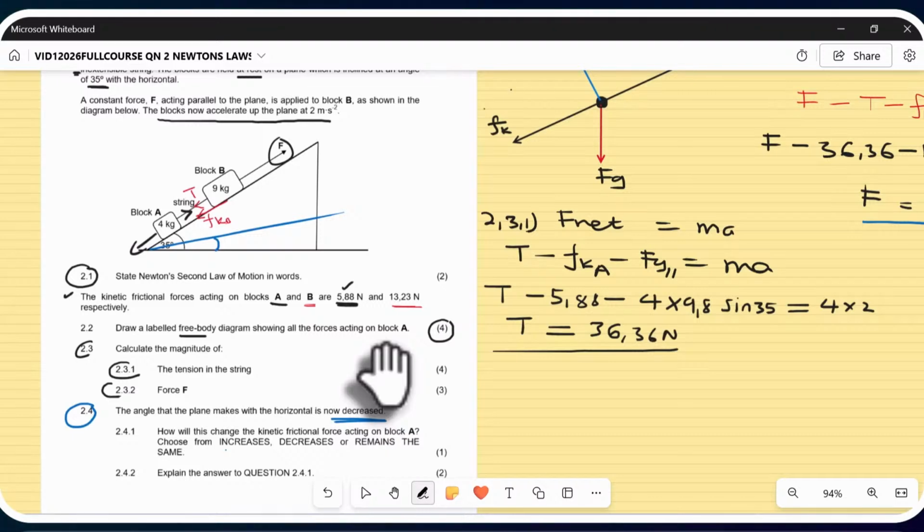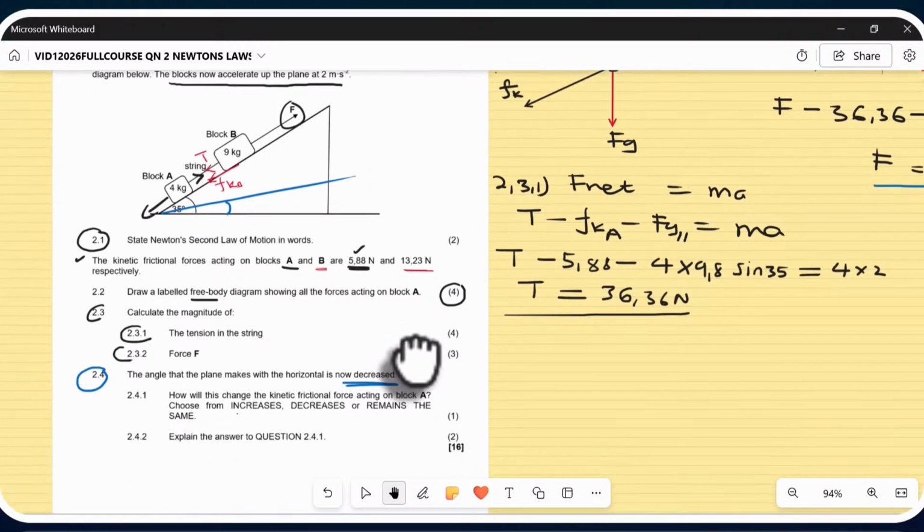So first of all, when we decrease our angle, the normal force, that is from Fg perpendicular, so the F normal increases.